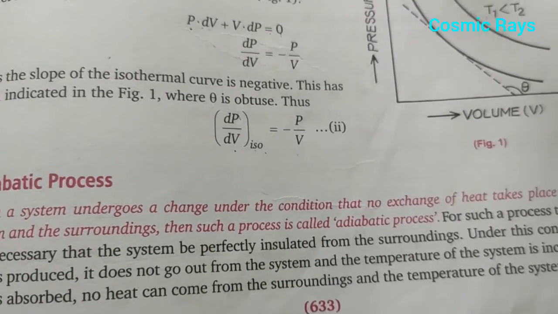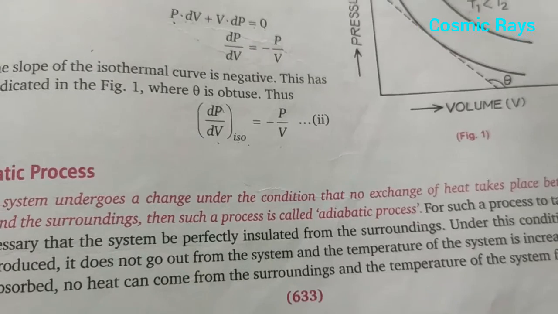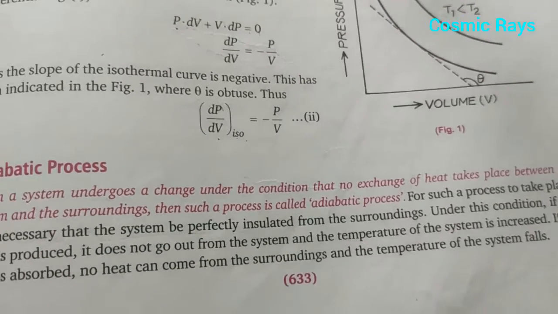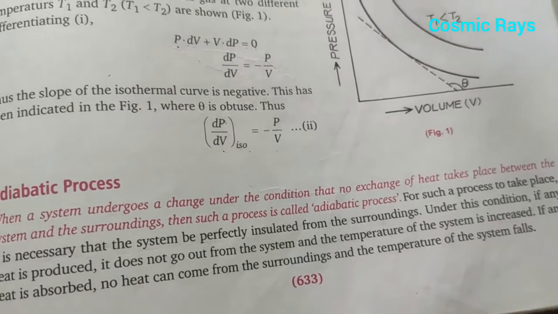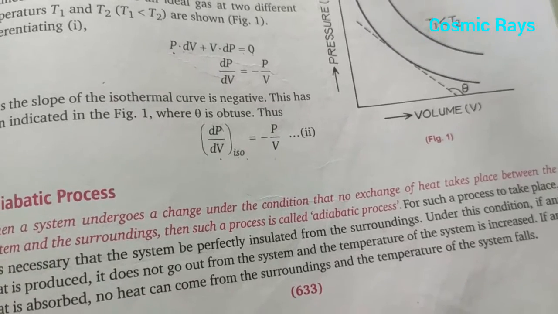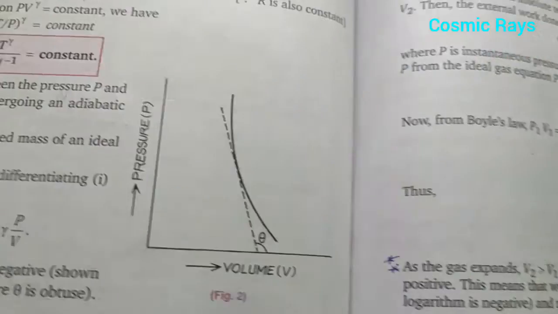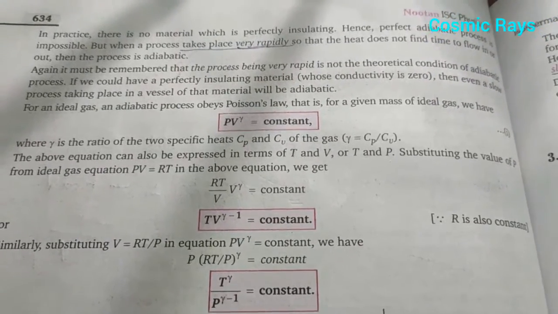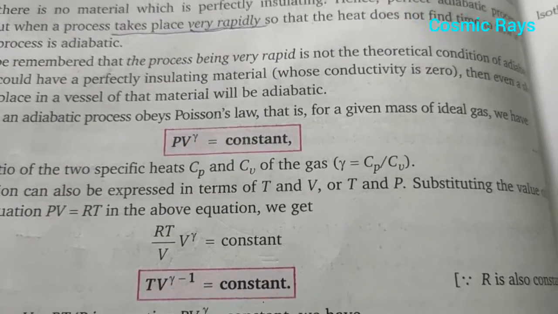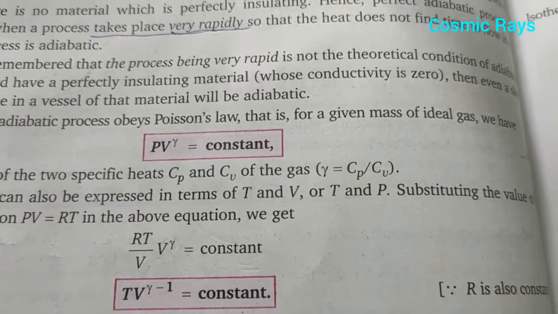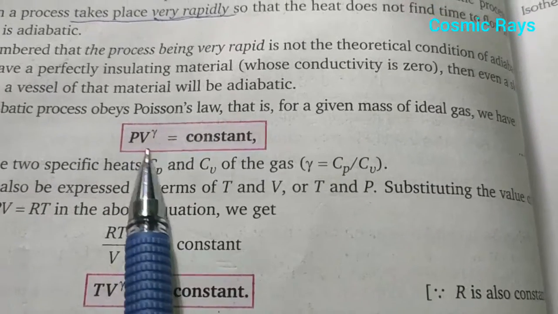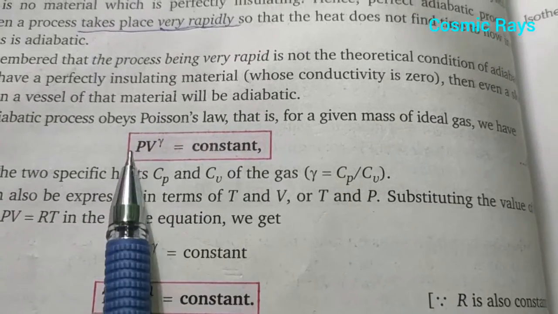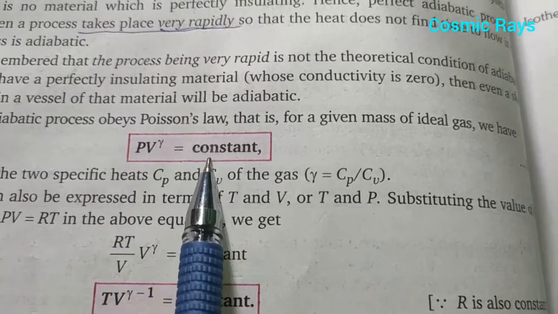But when a process takes place very fast or very rapidly, such that the heat doesn't find time to flow in or flow out from the system, then that process is considered as adiabatic process. Now for an ideal gas, an adiabatic process would obey Poisson's law, that is PV to the power gamma equal to constant.